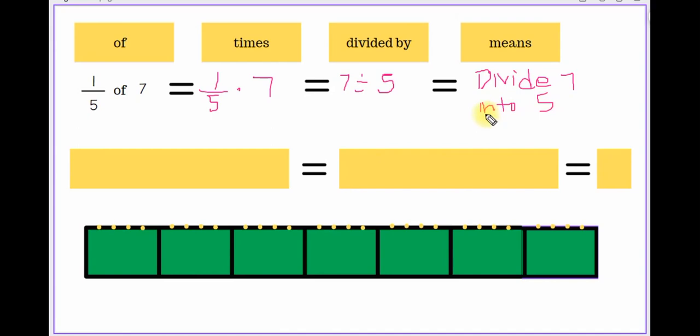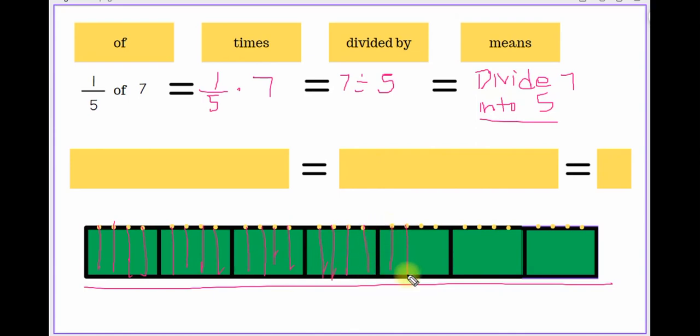Now, you can have them write that, or we could just say it, right? Divide 7 into 5 equal parts. Class, let's divide 7 into 5 equal parts. 5 equal parts means we're going to do 4 lines, which will give us fifths in each one of those 7 pieces.